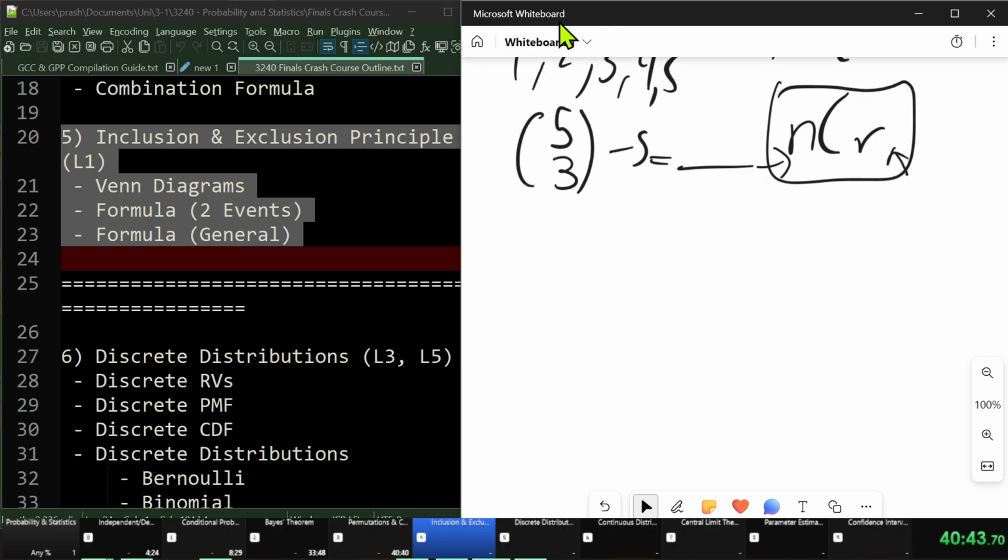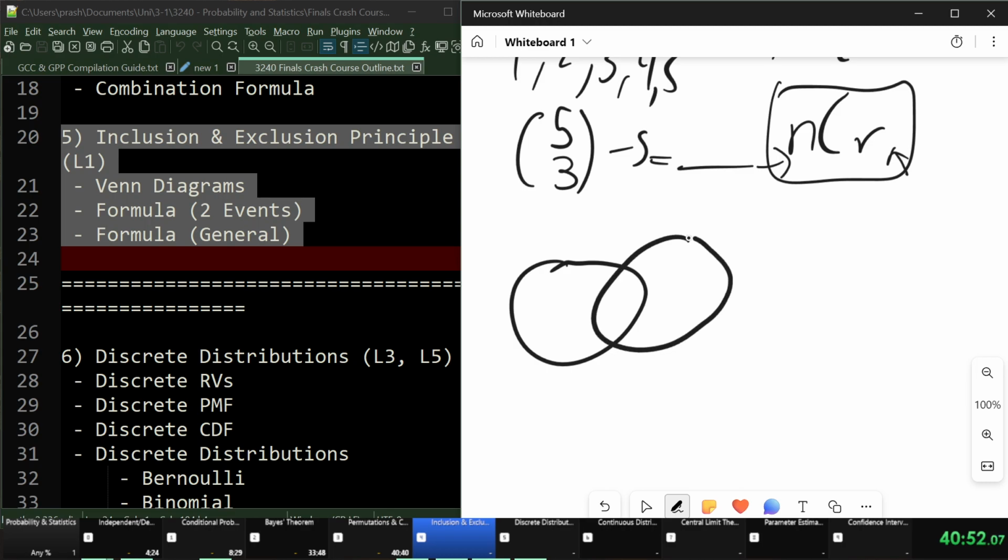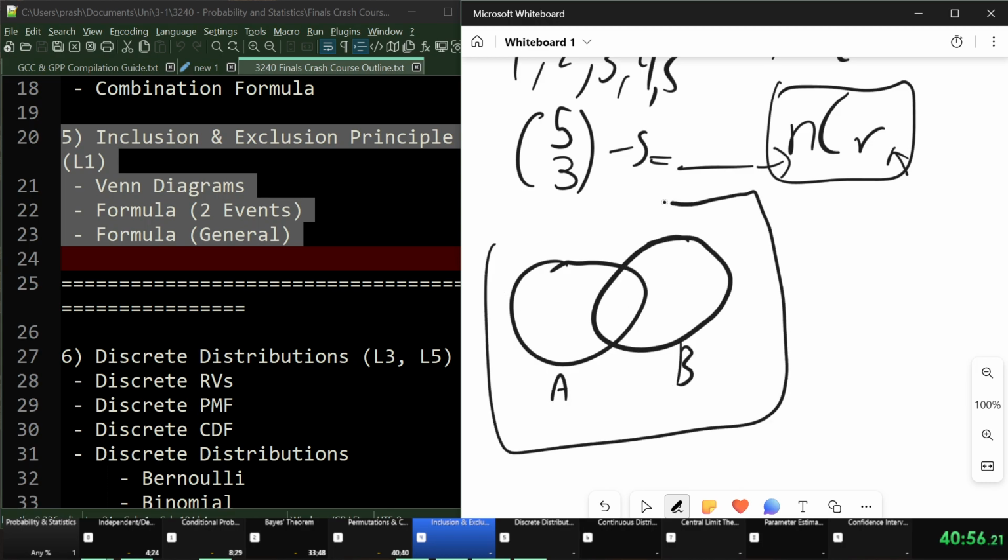So you've got the Venn diagrams. Okay. So usually we've got our Venn diagram like this. We've got A and we've got B. Here's our sample space.